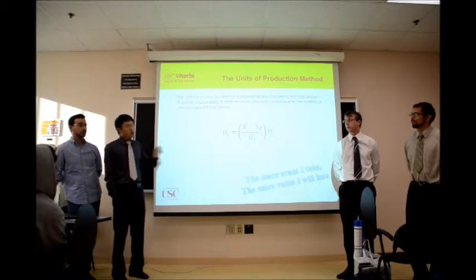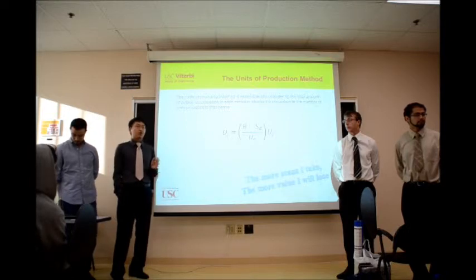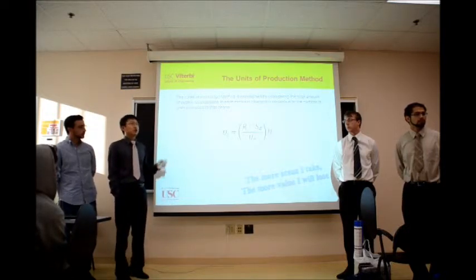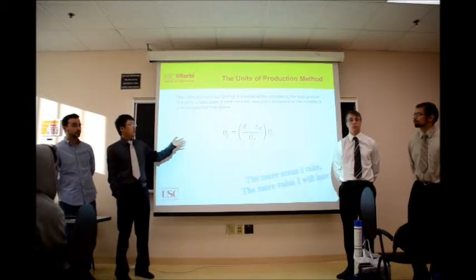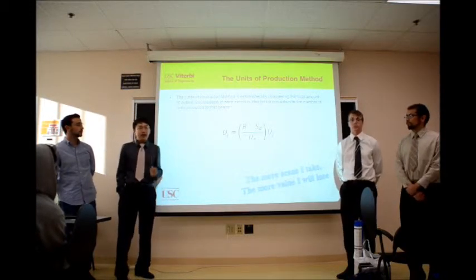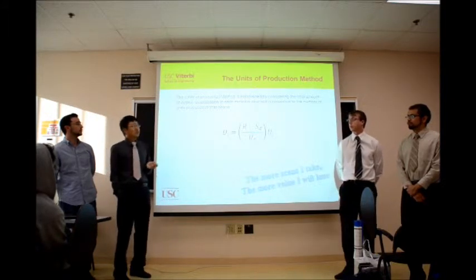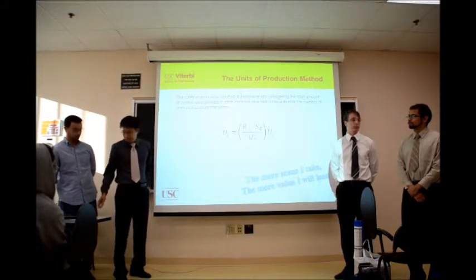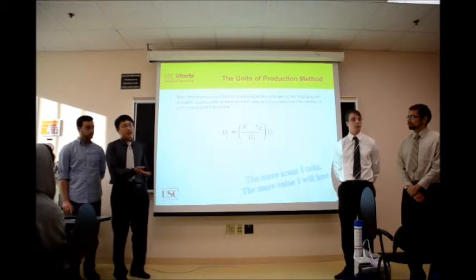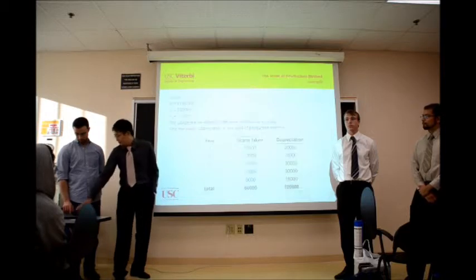So the total amount of scans we take with the machine, in other words, the total usage of this machine, should be considered. So in this formula, we can see the depreciation is defined by the proportion to the number of units produced in that period. That means the more scans you take with this machine, the more value it will lose.